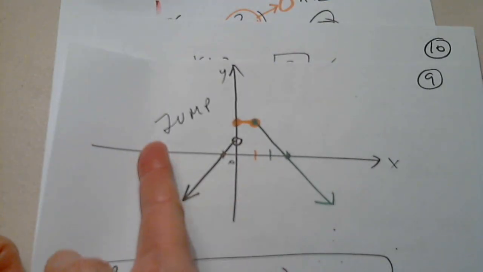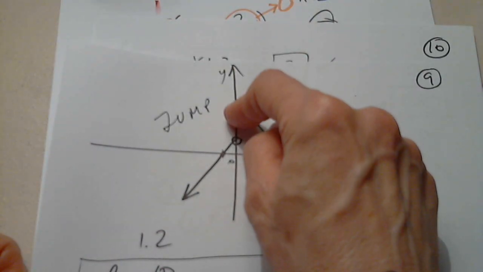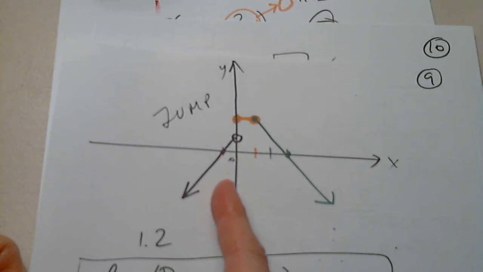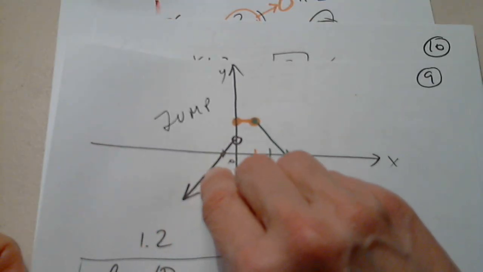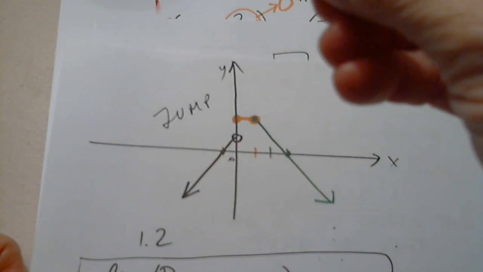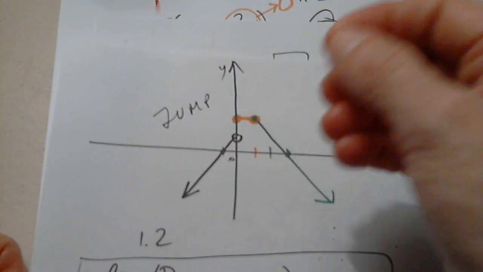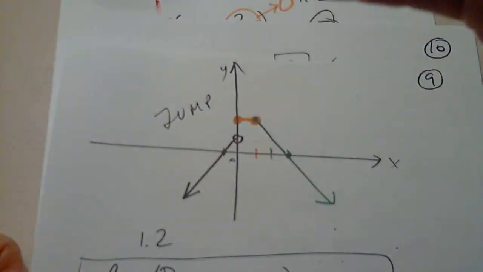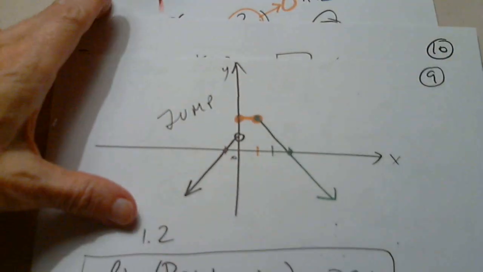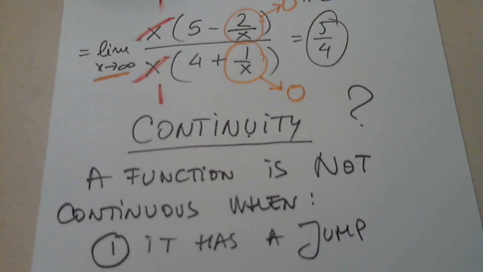At x equals 0, the function jumps. It's not continuous. I have to raise my pencil or marker off the paper and continue here. So there was a jump. When it has a jump, the function is not continuous. That's one option. So jump.